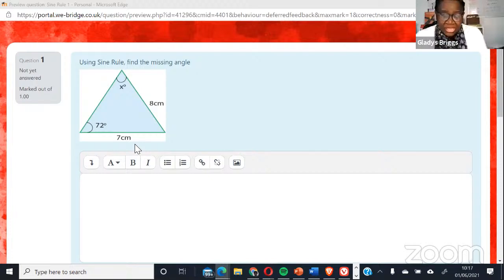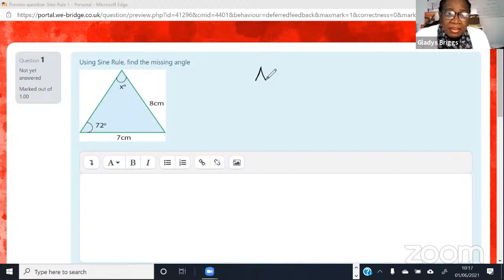Okay, the sine rule is the one that says a over sine A is equal, ooh, now I have to write that correctly. Sorry guys, I need to write that tidy for you. a over sine A is equal to b over sine B. Notice how I'm using capital letters and small letters when I'm talking about the lengths and the angles.